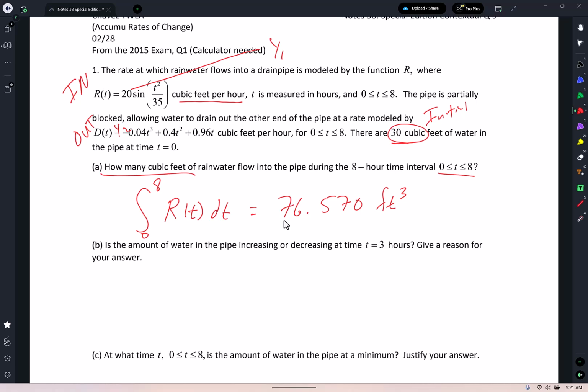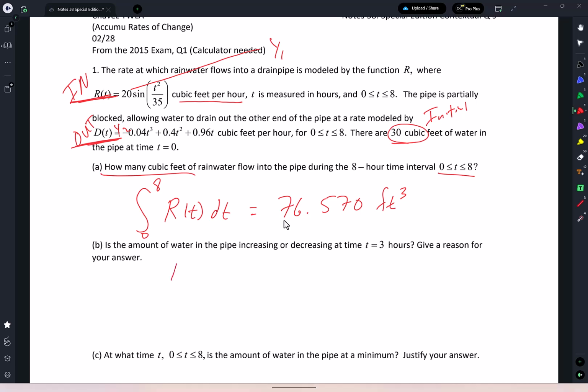If the amount of water going in is larger than the amount of water going out, the water is increasing. If the amount of water going out is larger than the amount of water going in, the water is decreasing. Does that make sense? So all you have to do is compare the rate going in versus the rate going out. Cool or not cool?